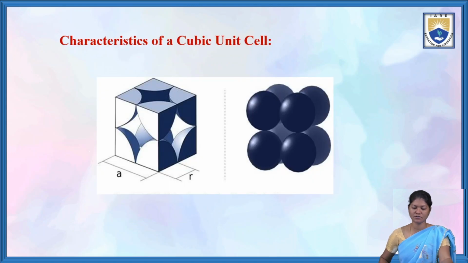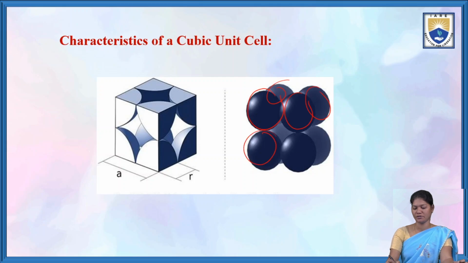So, characteristics of a cubic unit cell. The atoms are like this. These are the atoms of one unit cell. The atoms are filled in this way.